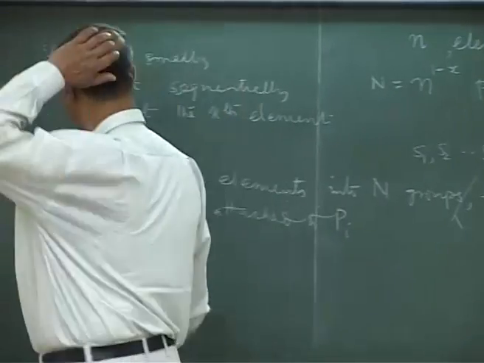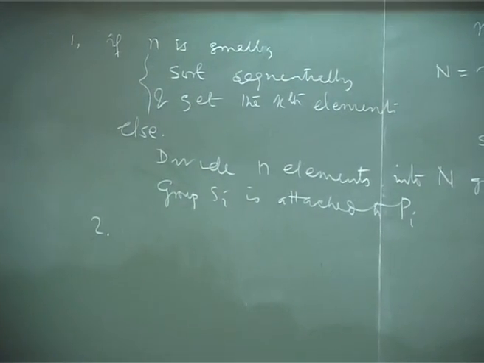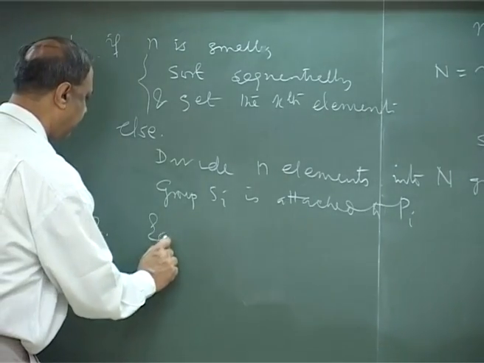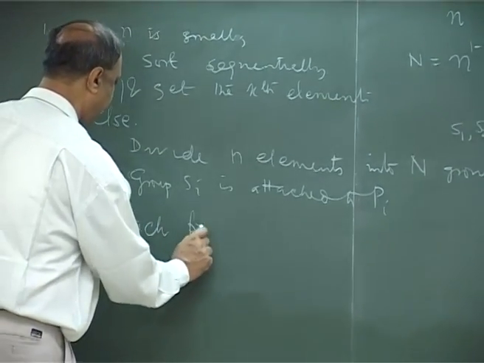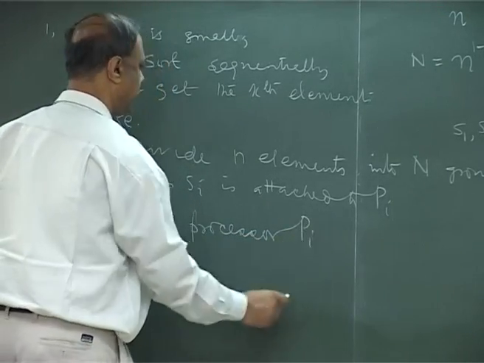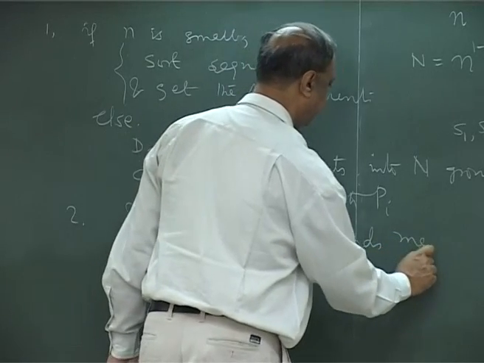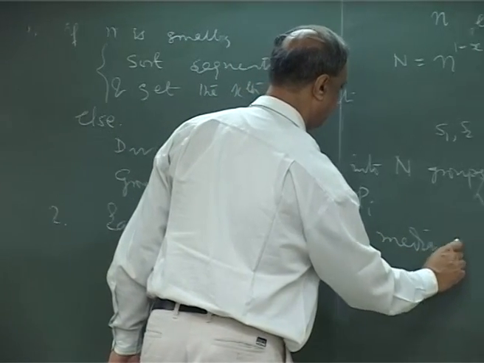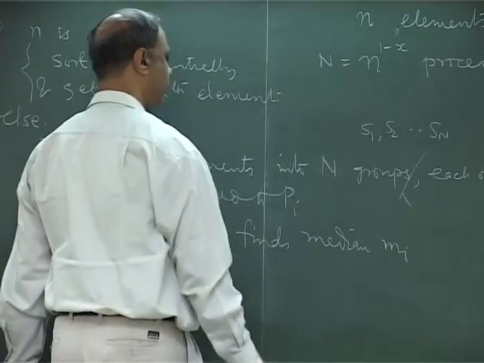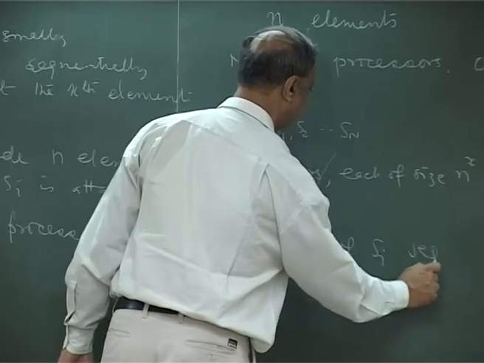So each processor Pi finds the median Mi of Si sequentially.